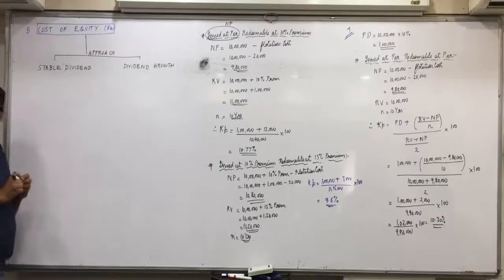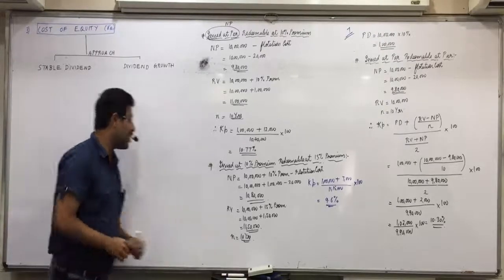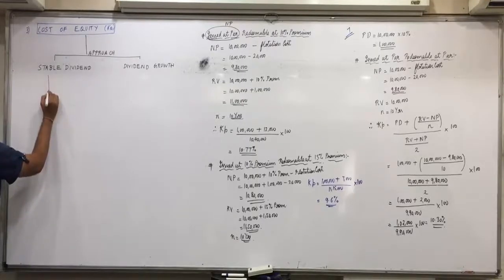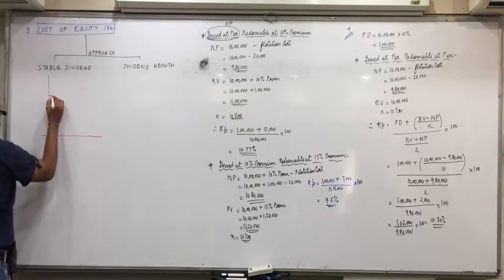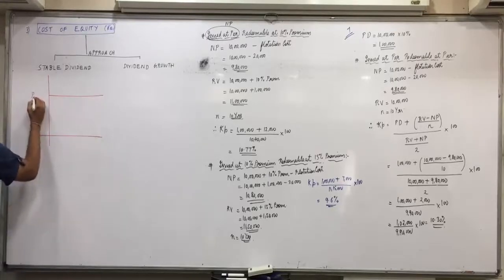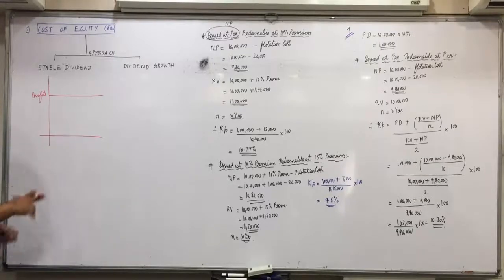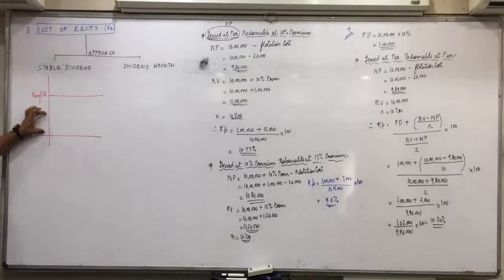Stable dividend approach means what? Stable dividend approach means if a company is earning stagnant profits, then dividend, we discussed that some part of profits company gives as dividend and some part it retains with itself.